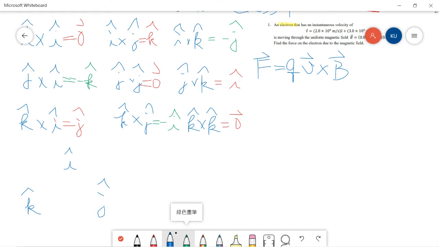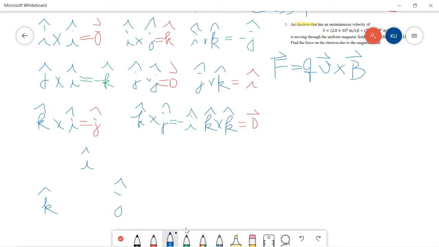If we rotate clockwise, which means that if we have I cross J, which is this one, we have K. If we have J cross K, which is this one, we will have I. And if we have K cross I, which is this one, we will have J. So if we rotate clockwise, then we will have a positive answer.